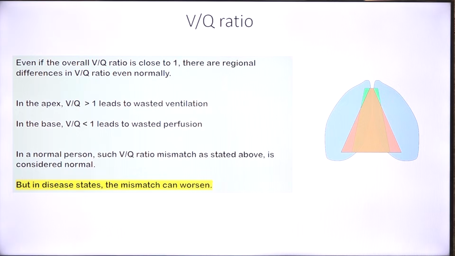So in a normal person, such minimal VQ ratio mismatch does not affect oxygen transfer and it is considered to be normal. But in disease states, the mismatch can worsen, and that's what we are going to see now.